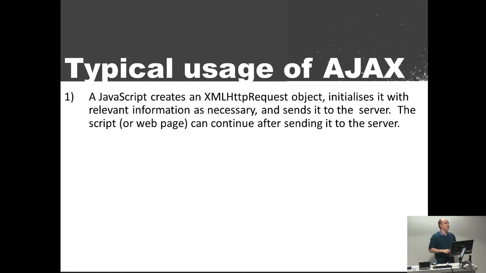During that time, since it's an asynchronous mode, the script or your web page carries on being processed. Okay, so maybe the script will be doing two things. One is asking for a request, and then doing some calculation. So the two things will happen at the same time, and hopefully the request will be returned quickly enough so that the user experience is ideal.